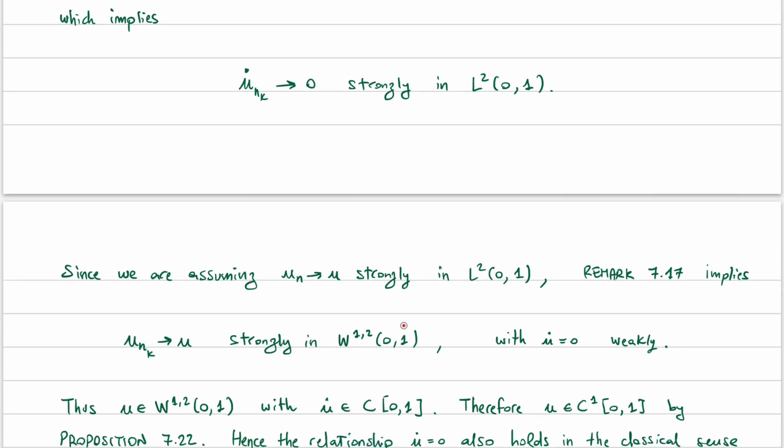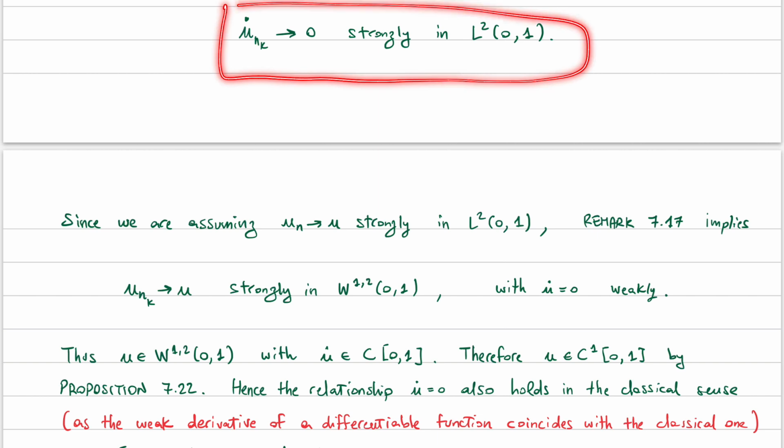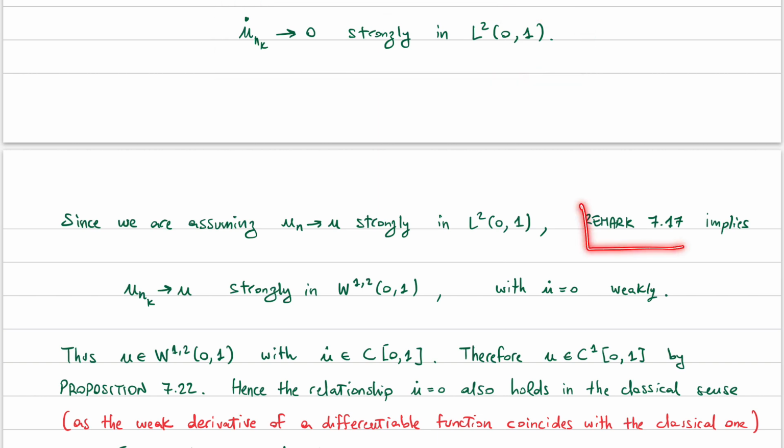Since we're assuming also that un converges to u strongly in L2 of (0,1), you have these two facts here: u_nk converges to u strongly, and u_nk dot converges to 0 strongly. Therefore, we can just apply Remark 7.17, which tells you that if you have strong convergence in L2 of the functions and strong convergence of the weak derivatives, then you have convergence in W^{1,2}.